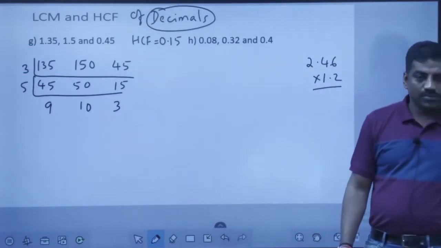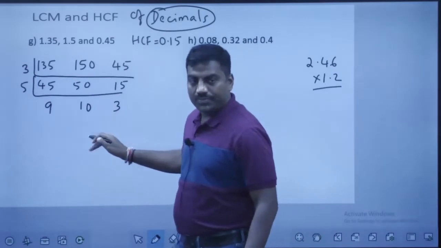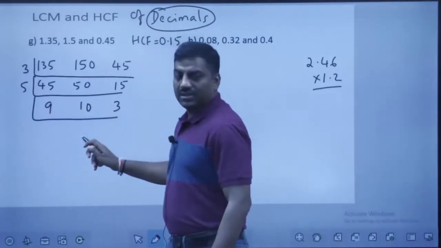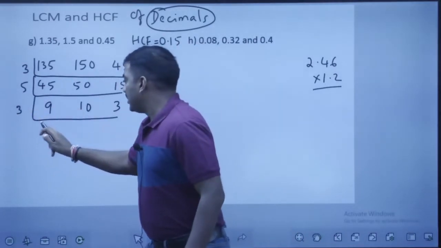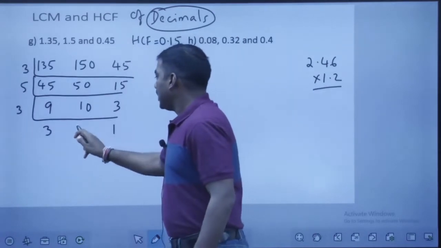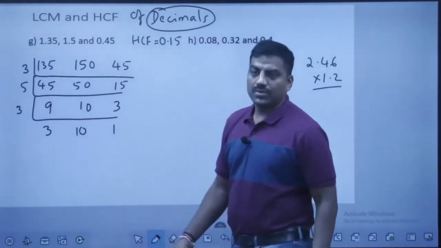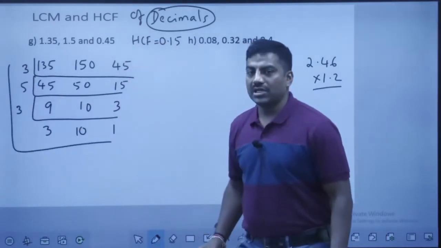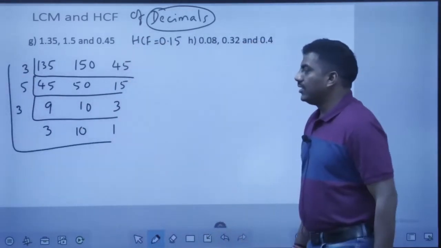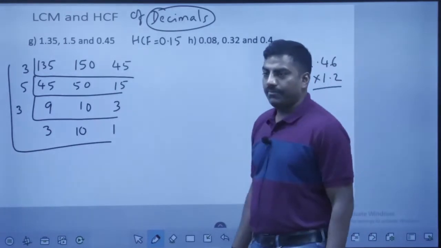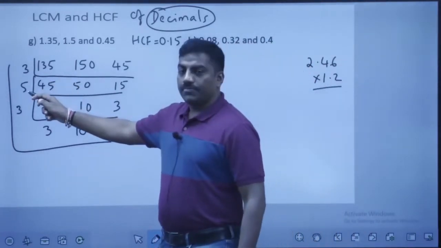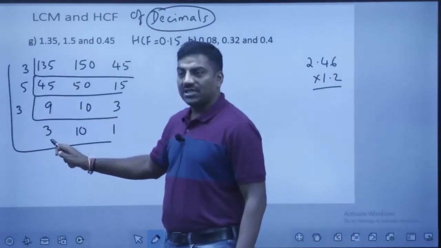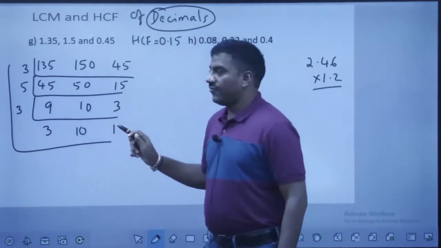Same thing with LCM. Again proceed here. You will apply with 3. 3 3s are 9, 3 1s are 3, write 10 like that. Now multiply all the numbers: 3 into 5 into 3 into 3 into 10. 15, 3s are 45, 3s are 135, into 10, 1350.